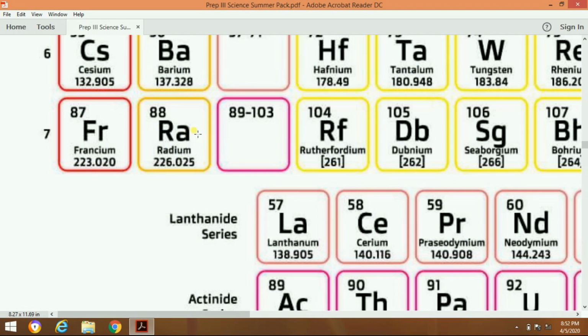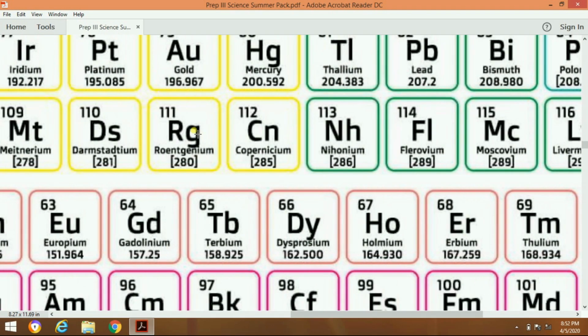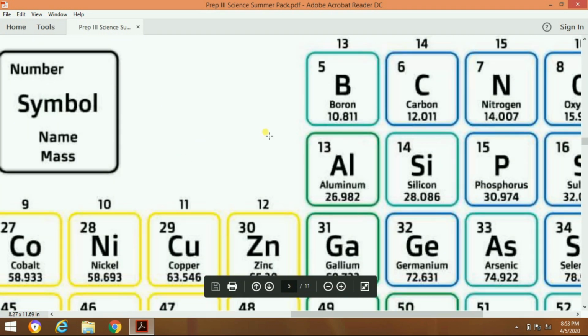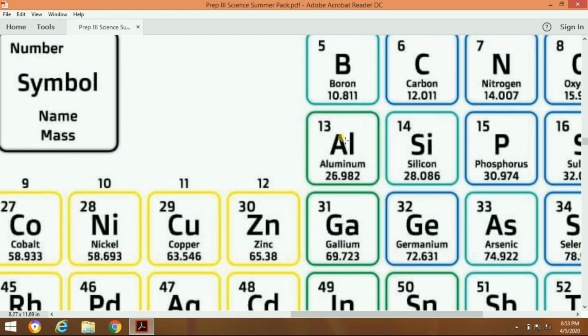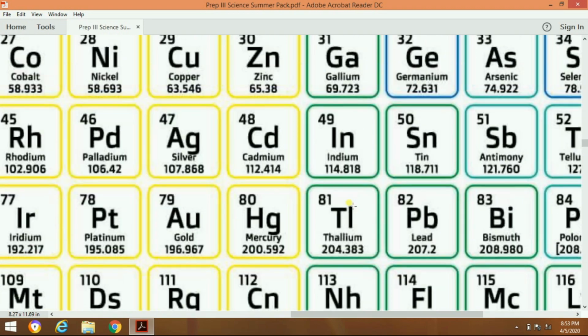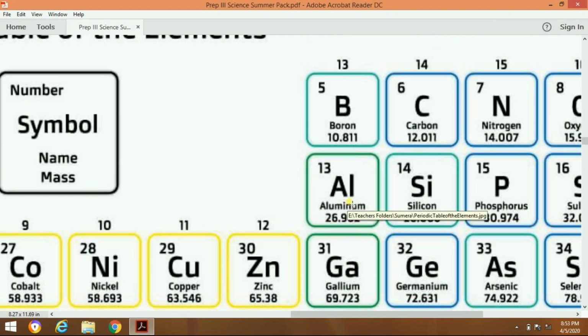Now, let's go to group 3A. Group 3A is also called boron family as it starts with boron, aluminium, gallium, indium, thallium. Only 5 elements are there in group 3A.